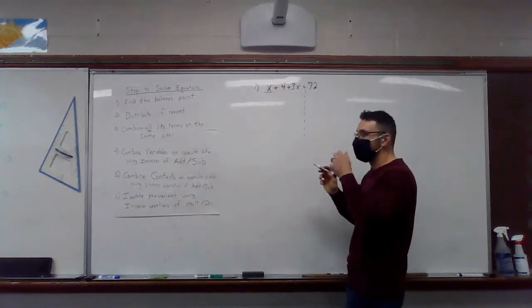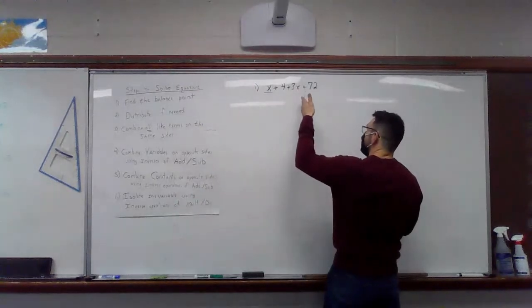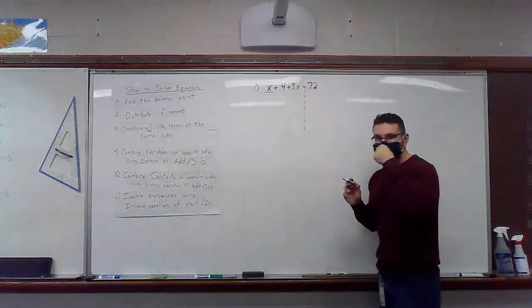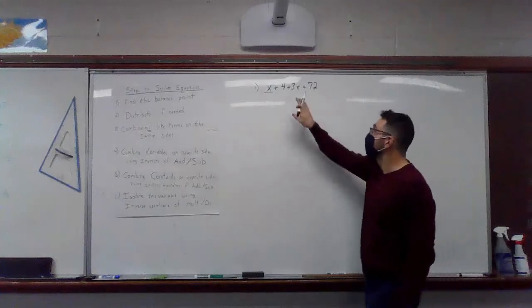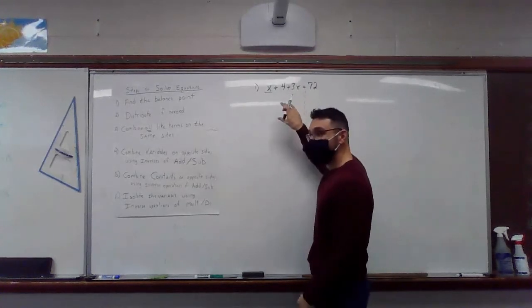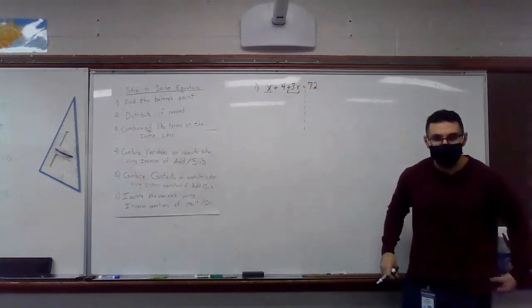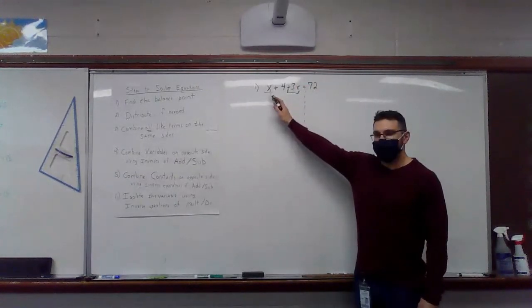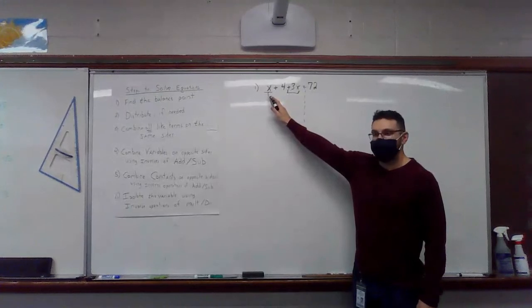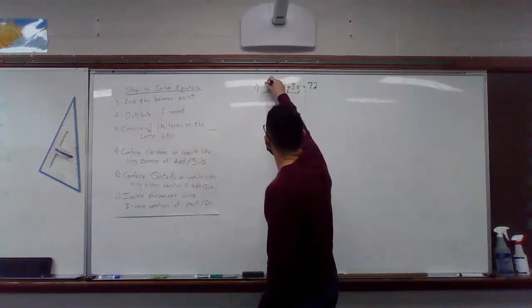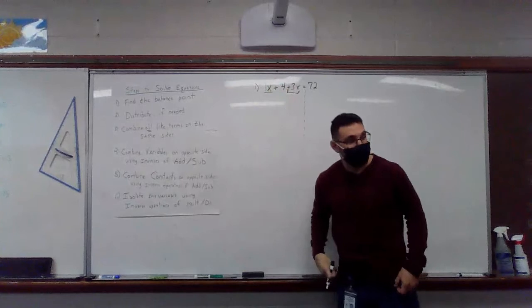What's its like term? Negative x. Not quite. Katie? Positive 3x. The x's are the like terms, you're right, but this x and this positive 3x are like terms. Now, how many x's do I have here, Jupiter? 2. Right here. 1. When the variable does not have a coefficient, it's 1.